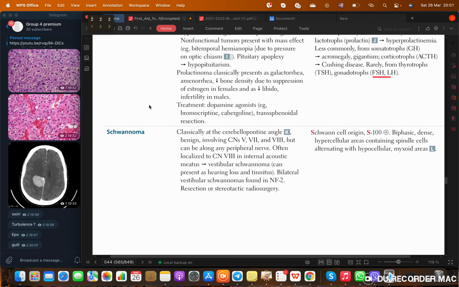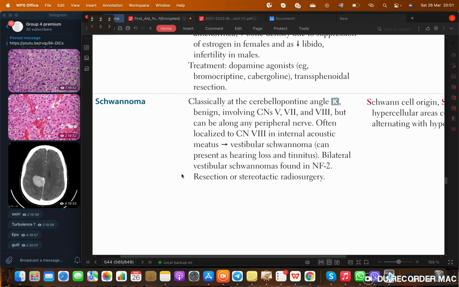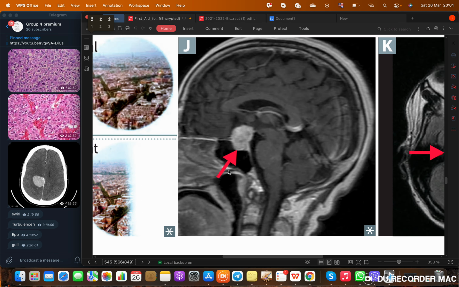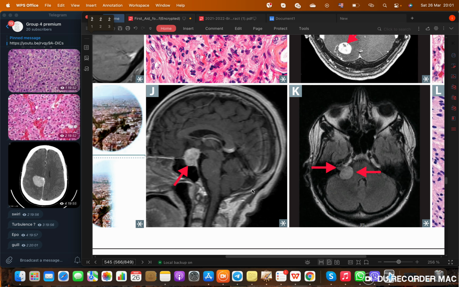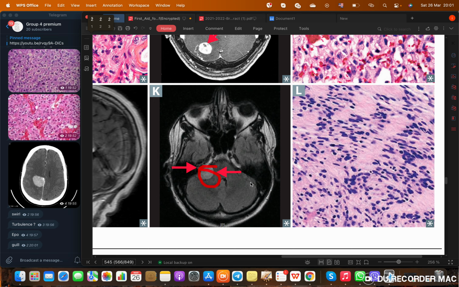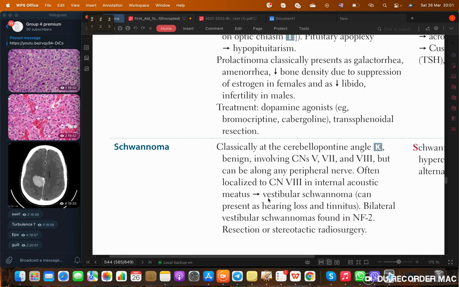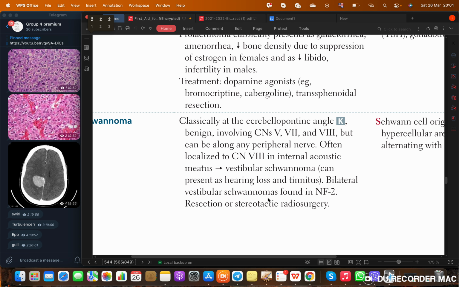Neurofibromatosis type 2. So basically this patient can have this cerebellopontine angle tumor, which is the area between the cerebellum and the pons. This is schwannoma. It is benign, involving cranial nerves number 5, 7, and 8.